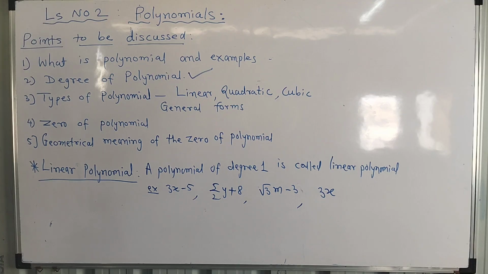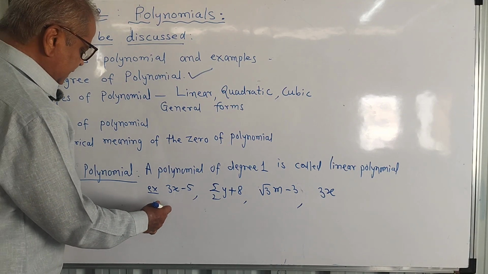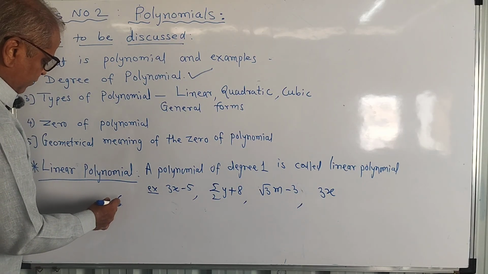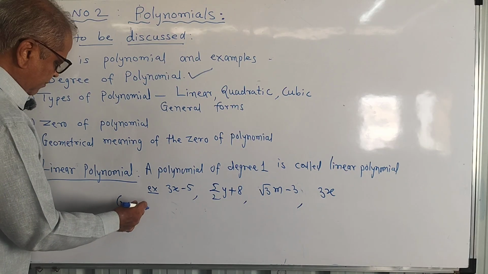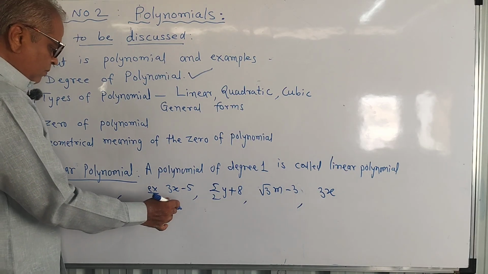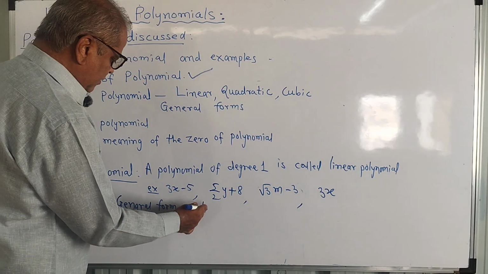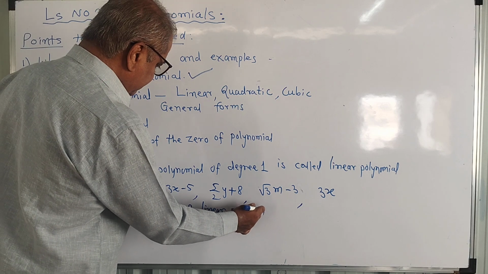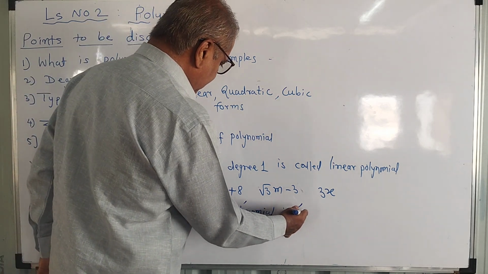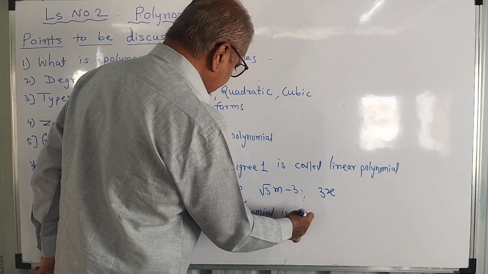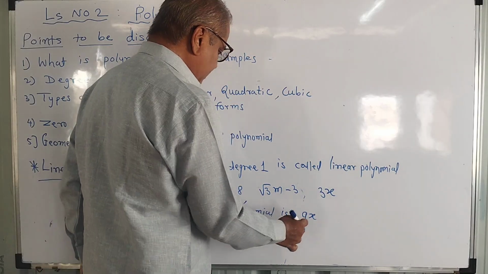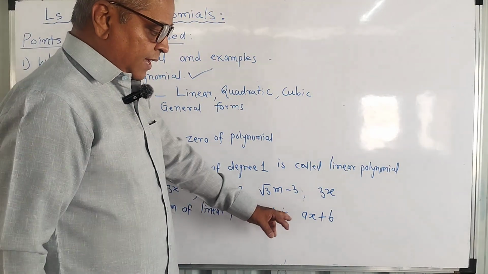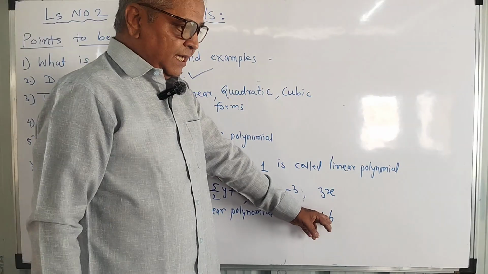In general, we can write the general form of linear polynomial. See, what is the general form? General form of linear polynomial is ax plus b, where a and b are any real number. a is the coefficient of x and b is constant.